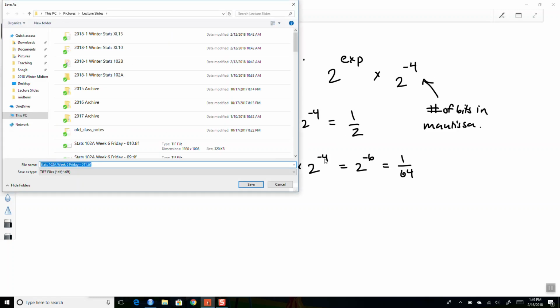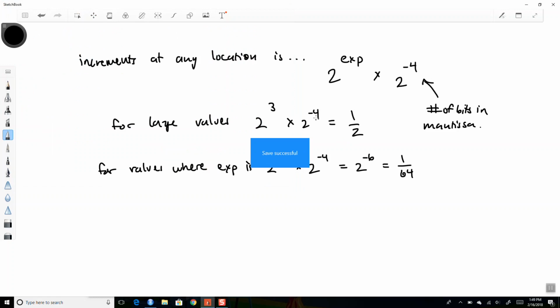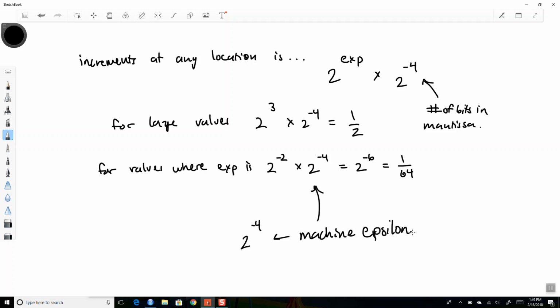Okay, and basically what this is, this 2 to the negative number of bits in your mantissa, is going to be known as your machine epsilon, okay? This represents the values that your machine can distinguish from one another, right?